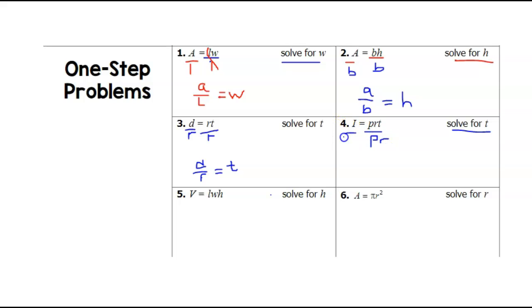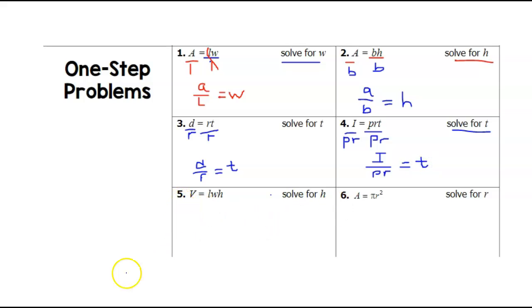What I end up with is I over P and R equals T. Guys, take a second.